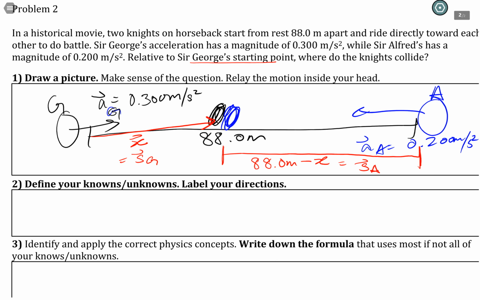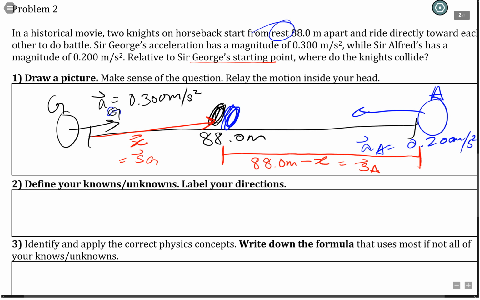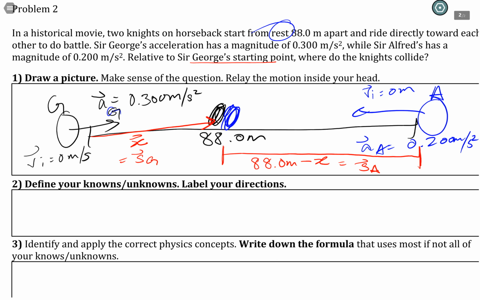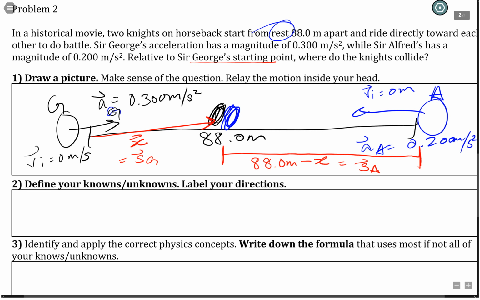What else do we know? Let's see, they start from rest. That's an important piece of information. We know that Sir Alfred, VI, he starts from rest, as well as Sir George also starts off at rest. I've labeled my knowns and my unknowns. I also do know that there is some time that they will take to crash into each other.